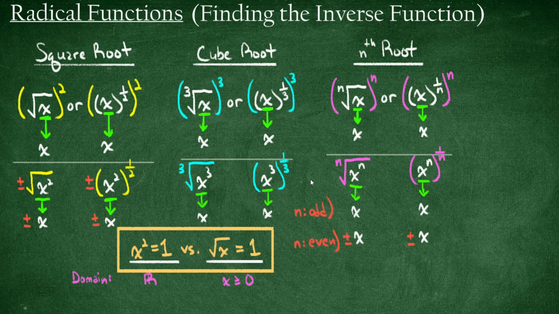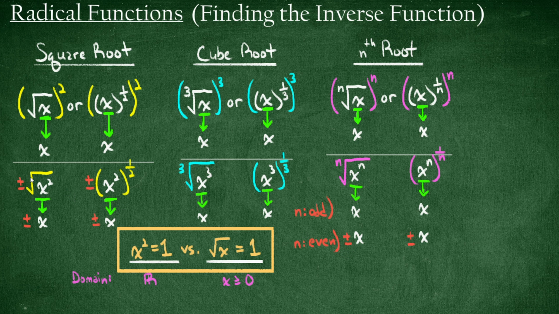Now, that is not true for cubed roots, but generically speaking, if I have any variable to the nth power, and I have to take the nth root to undo that operation, then if n, the index or the power, is even, such as the square root where n would be 2, we have to take the plus or the minus.